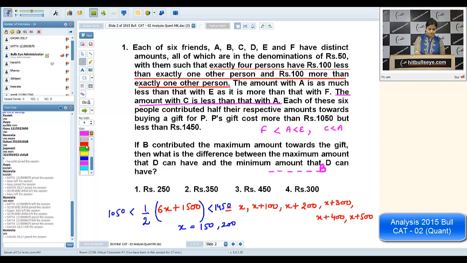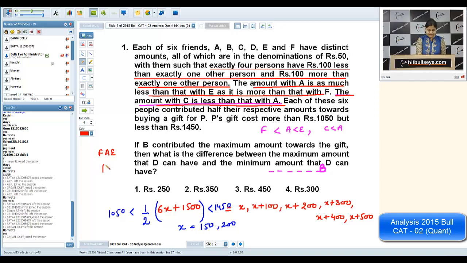Now let us make use of this line that the amount with C is less than that with A, and the amount with A is as much less than that with E as it is more than that with F. It means it can be this way. The 3 can be consecutively in this AP.